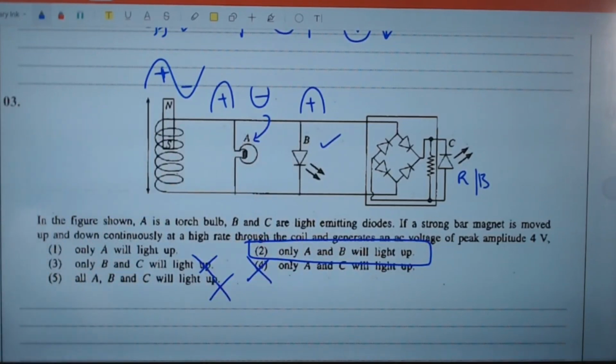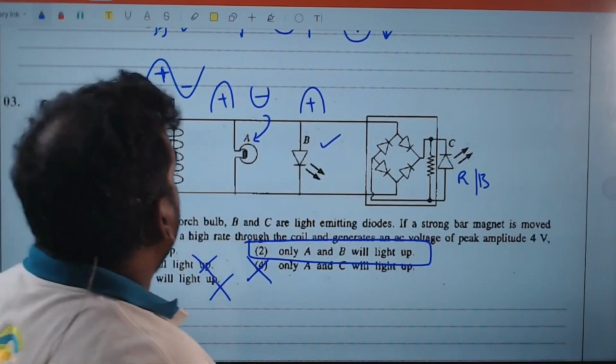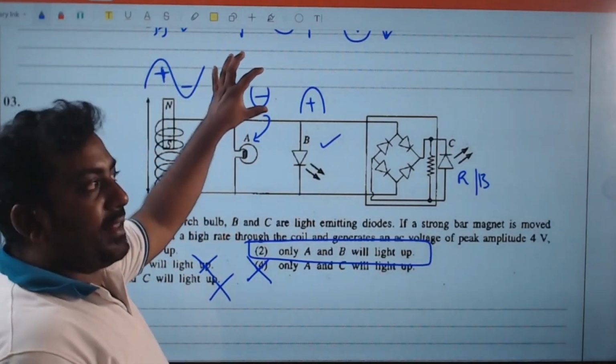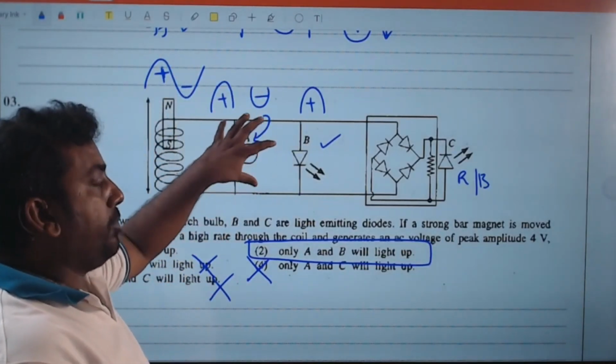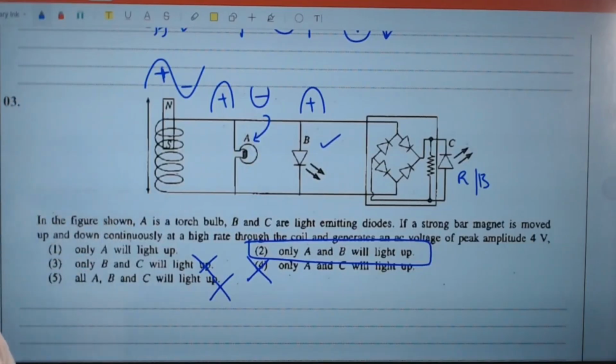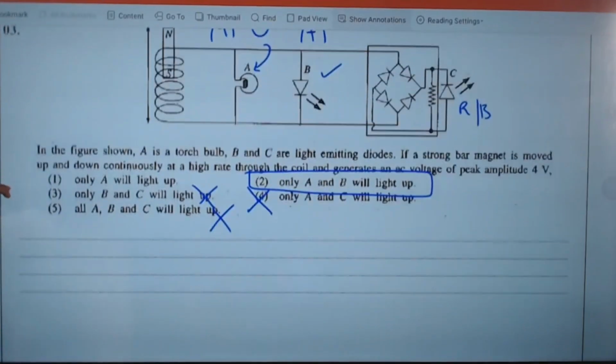In both the positive and the negative half, A will illuminate.